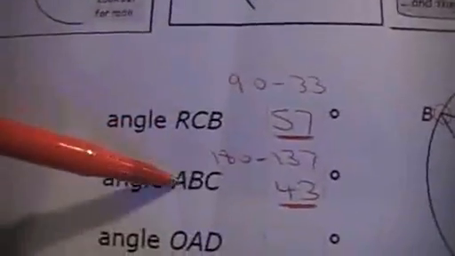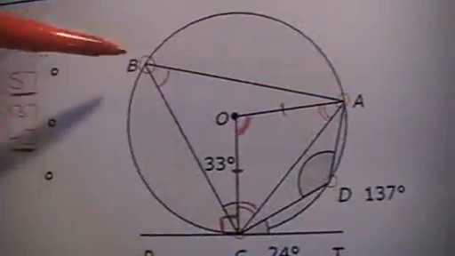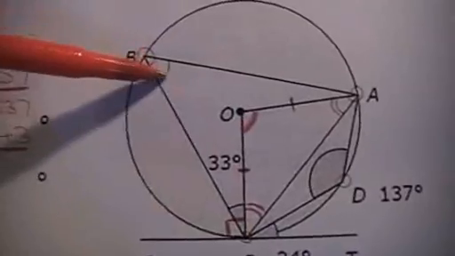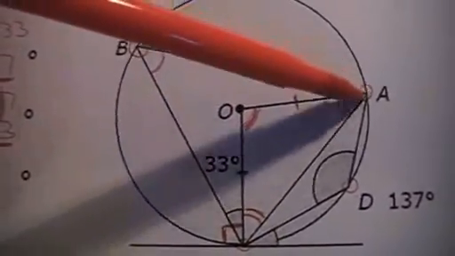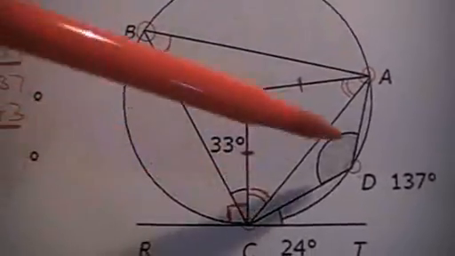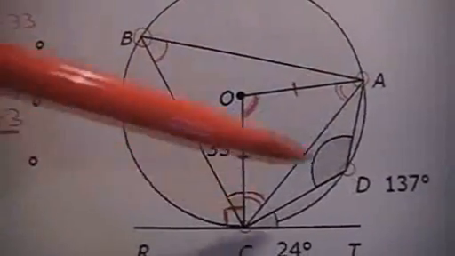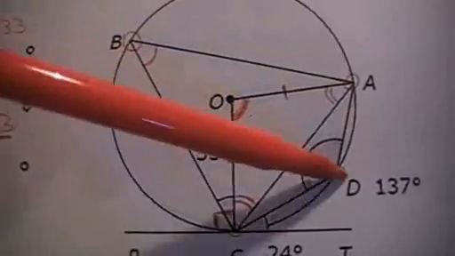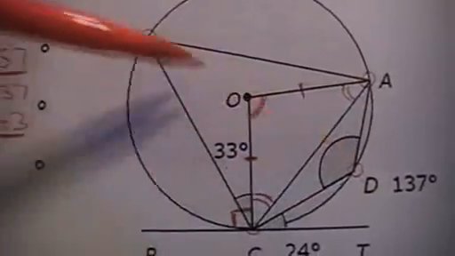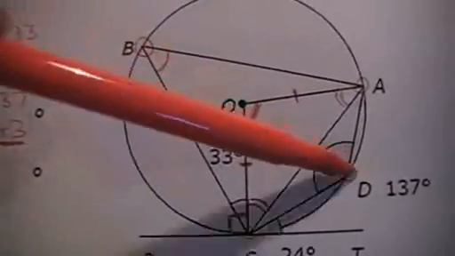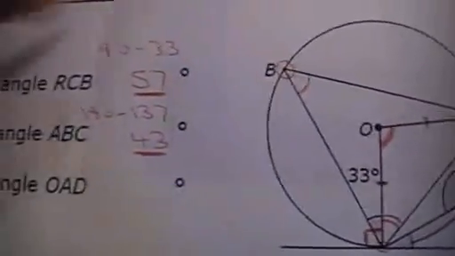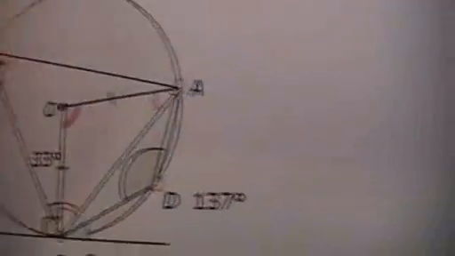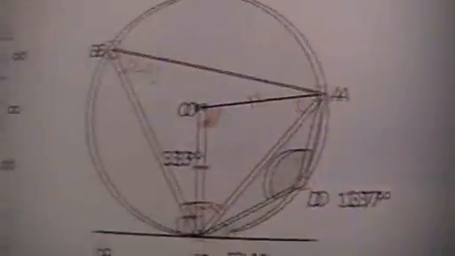Now it wants angle ABC, A to B to C, so this angle here. Now again, cyclic quadrilateral like up above, these four points all touching the circumference of a circle. So you know these two opposite angles add up to 180. So take 137 from 180, you get 43. Okay, so this angle ABC, I'll write that in now, is 43.